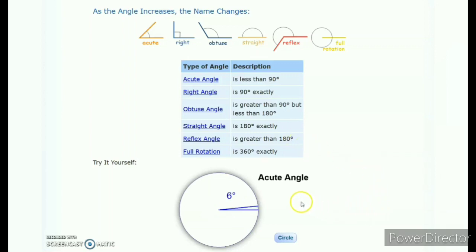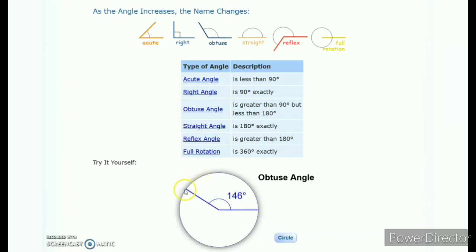Here you can see when I rotate this arm, up to 90 degree is your acute angle. When it goes to 90 degree, it's a right angle. When it's greater than 90, it's an obtuse angle.